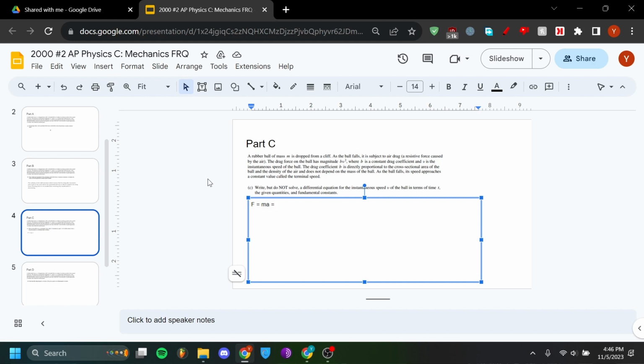Drag is kind of like friction in the air, which is resistance. Resistance always goes in the opposite direction of motion, so it's going to be negative. In this case, force gravity is going to be positive, and force drag is going to be negative, so that's going to be bv squared.